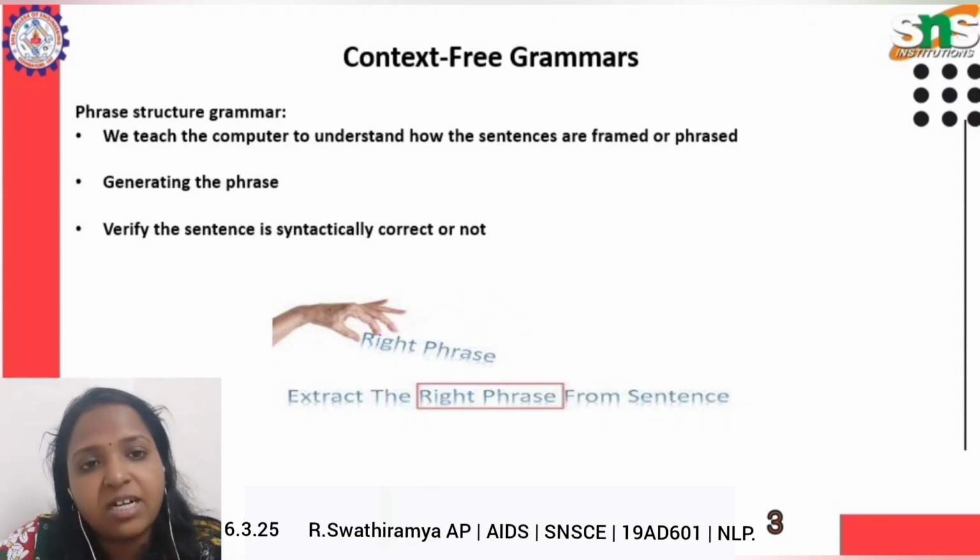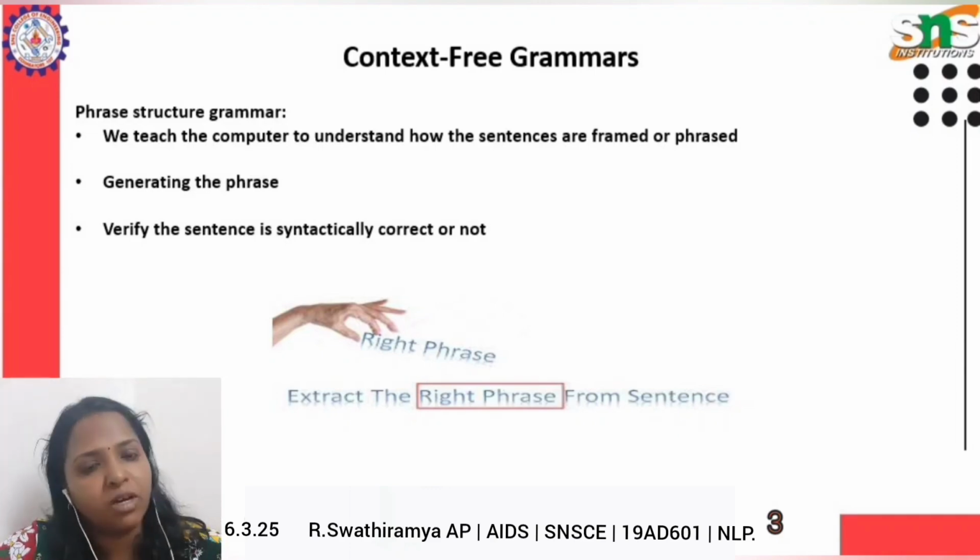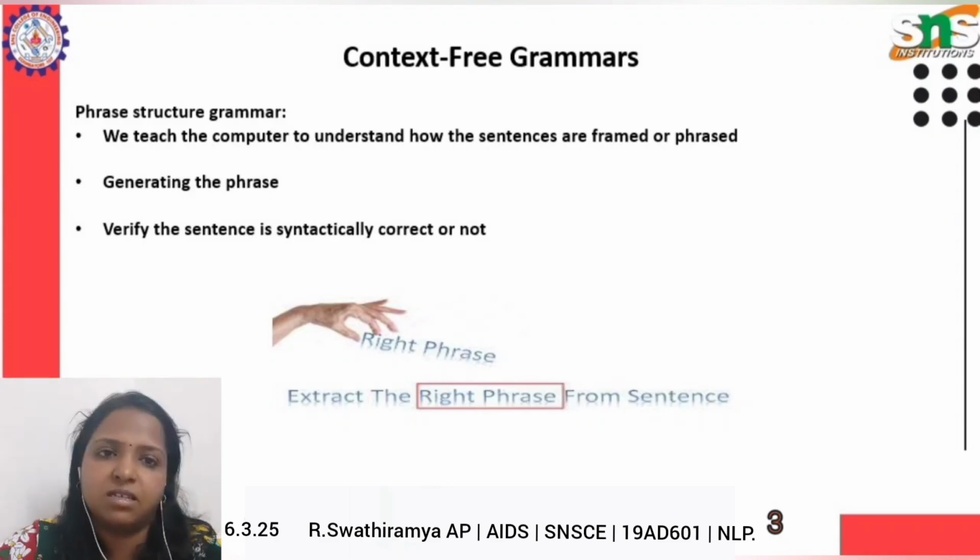The CFG, that is the context-free grammar, is also called phrase structure grammar. What we are doing here is trying to teach the computer how to understand the sentence.